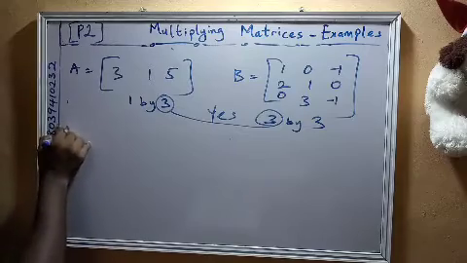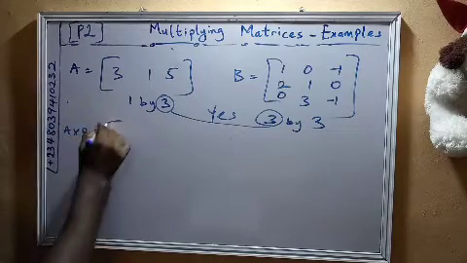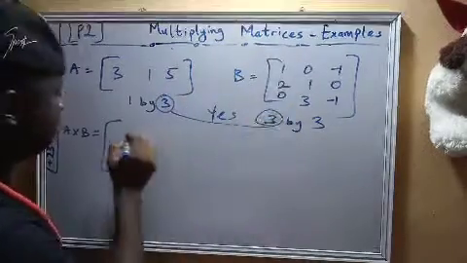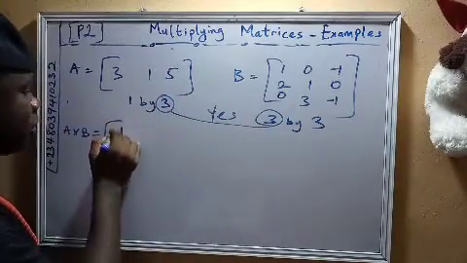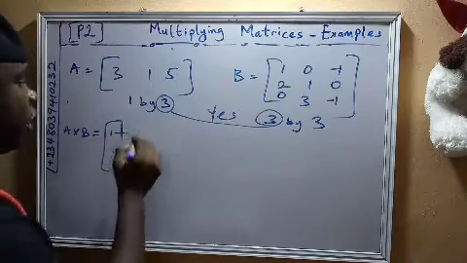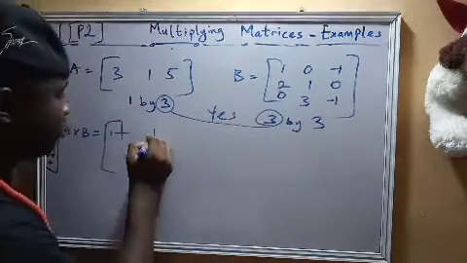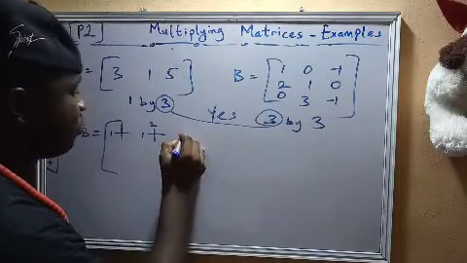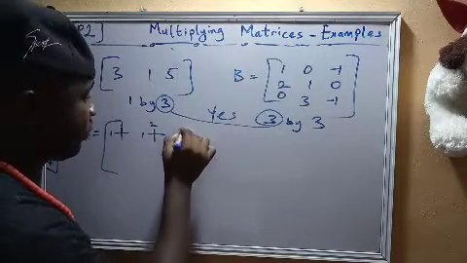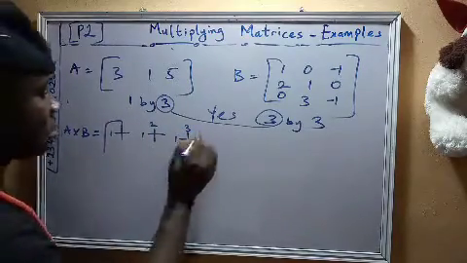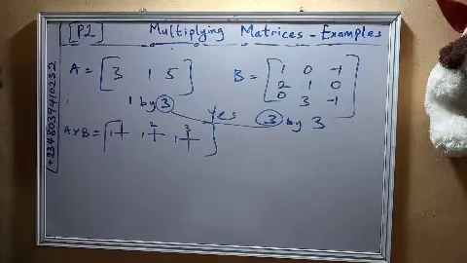So A times B is going to be first row by first column, then first row by second column, then first row by third column. Now, no other row, so that means our answer stops here. The answer is going to look like this.